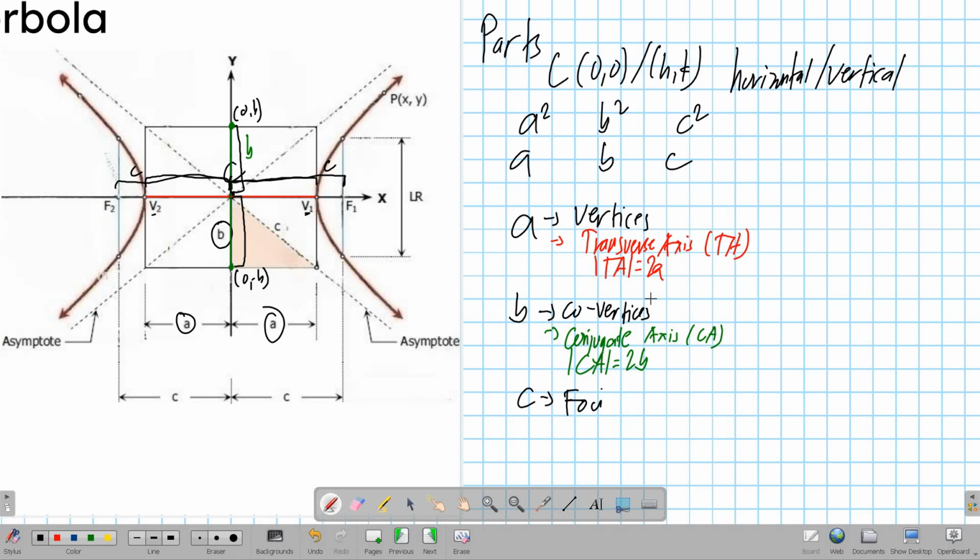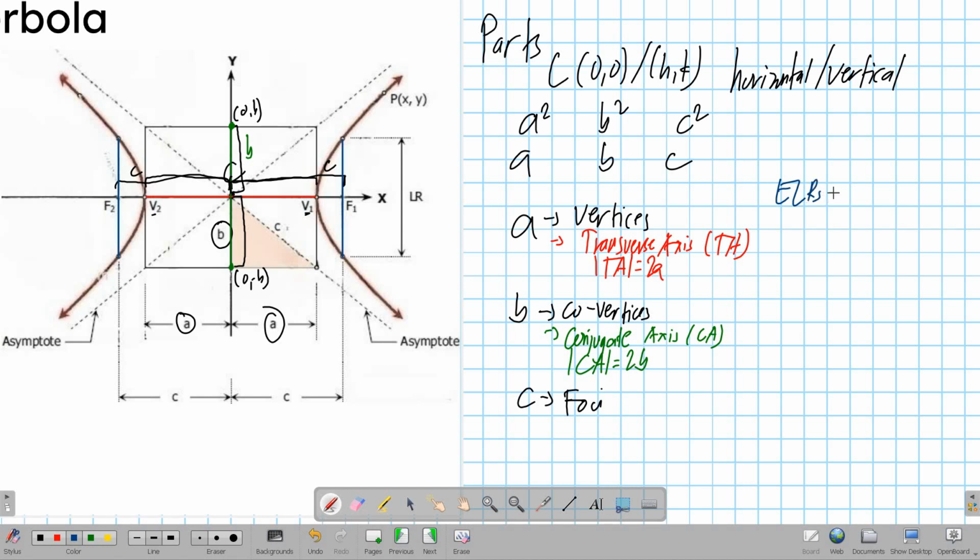Now, since we're already at the foci, we also have these line segments. I'll use blue. These line segments pass through our foci and have endpoints on the curves of the hyperbola. Those are the latera recta.